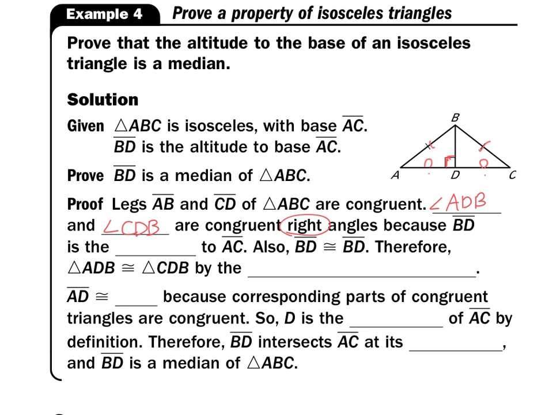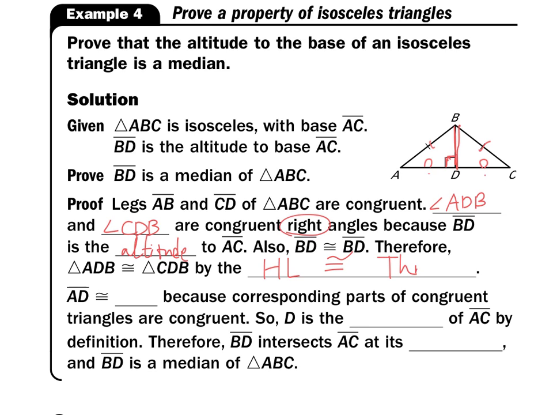Because BD is perpendicular to AC because it's the altitude to AC. Also, BD is congruent to BD, and we're given that AB and BC are congruent. Therefore, the two triangles ADB and CDB are congruent because of the HL congruence theorem.